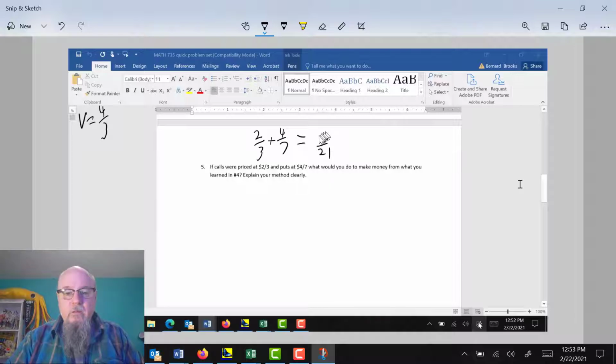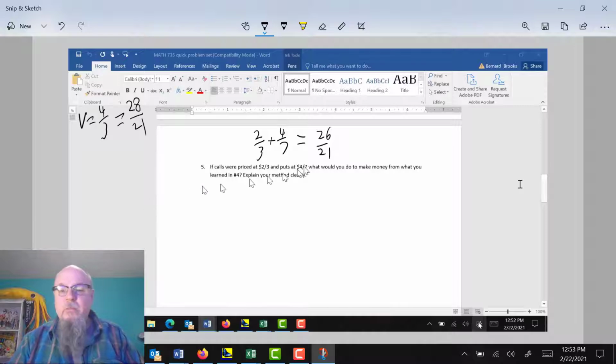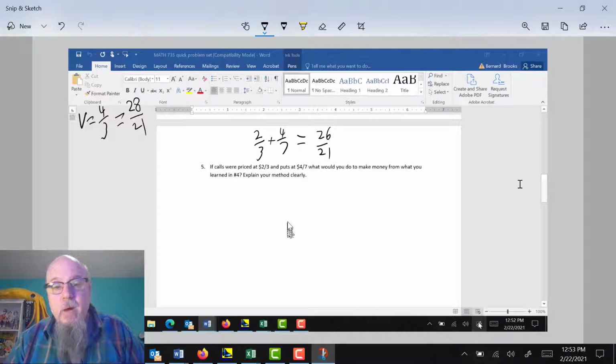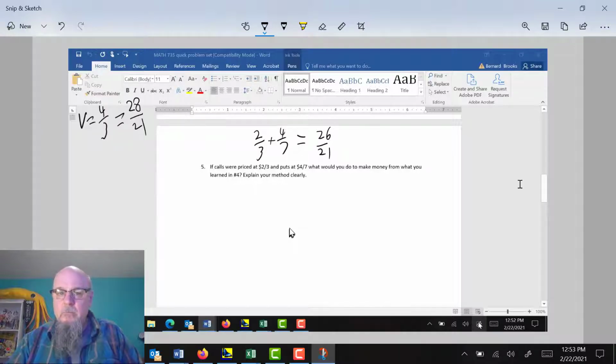That ends up being 26 21s. We calculated in 21s that it should sell for 28 21s. So they're selling for 2 21s cheaper than they should be. So I should buy a straddle.